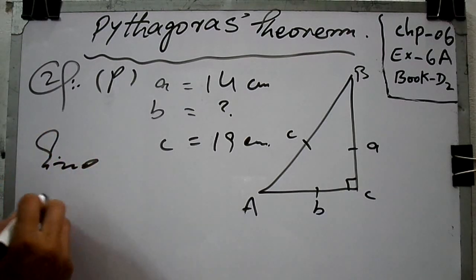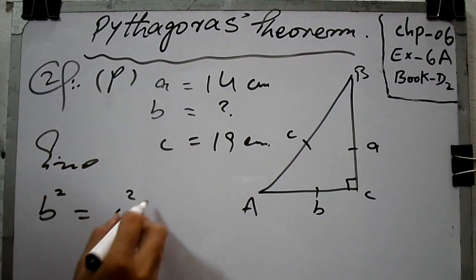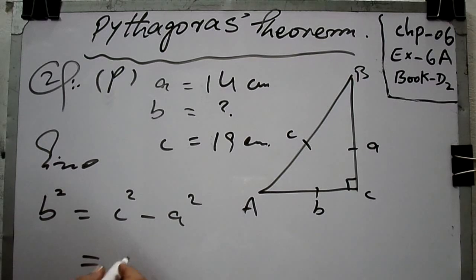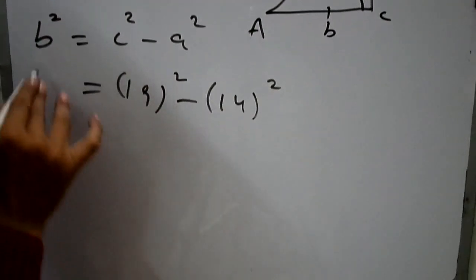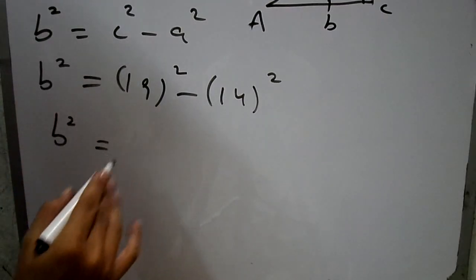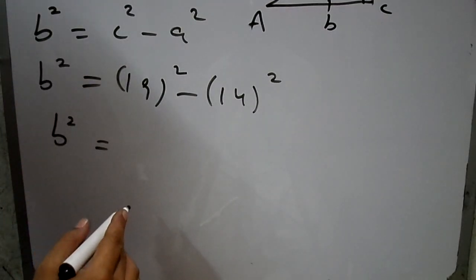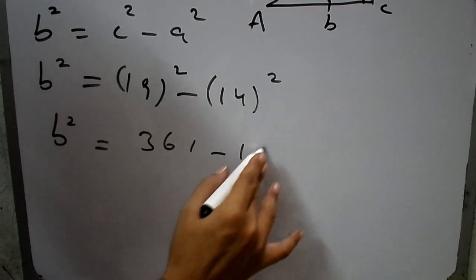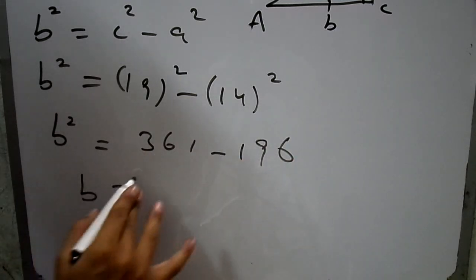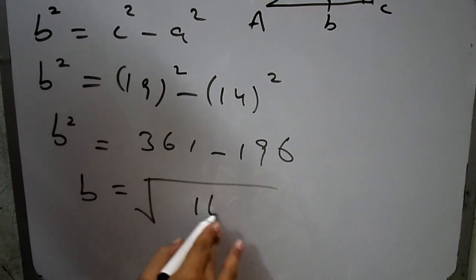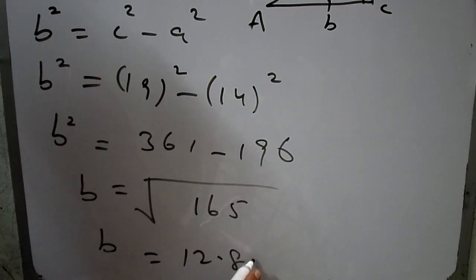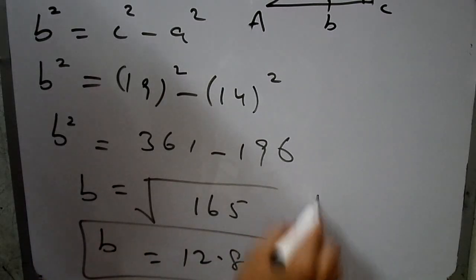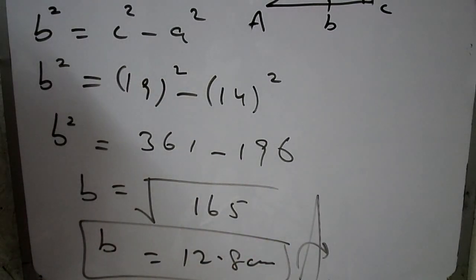Since B square is equal to C square minus A square, putting the values, you will get 361 minus 196, so B square is 165, so the value of B is 12.8 centimeter. So that is your result. Coming to the question number 3.